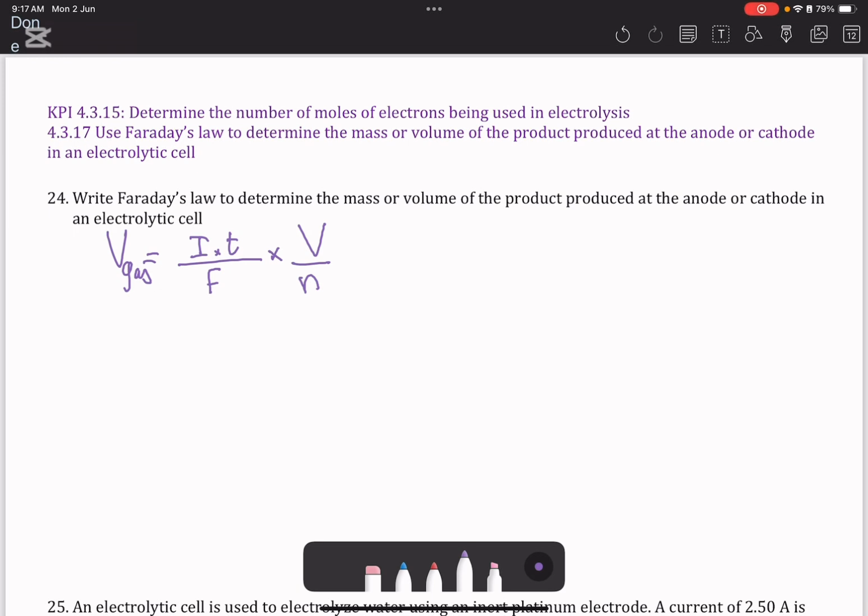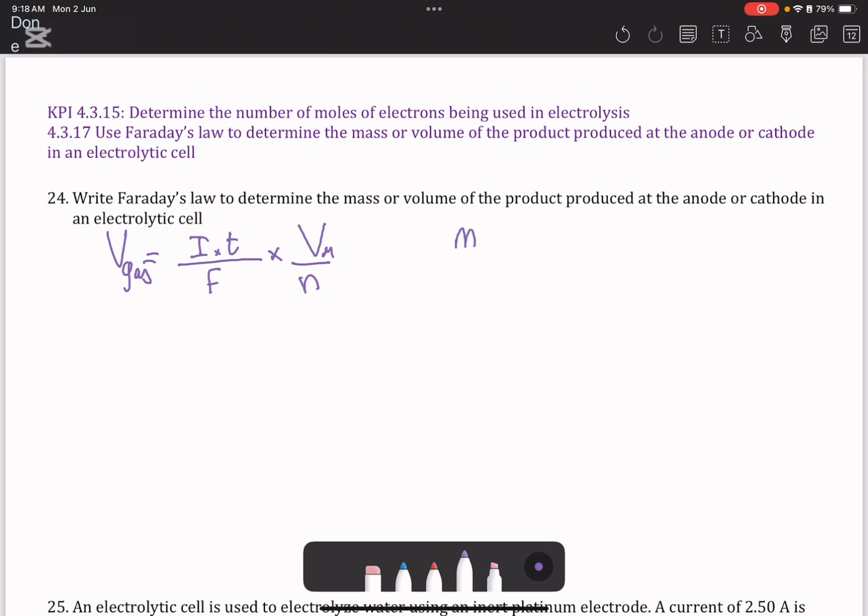I'm going to mention this now. So this is the molar volume. So VM could be 22.4 liter or 24 liter, depending on whether it's STP or RTP.